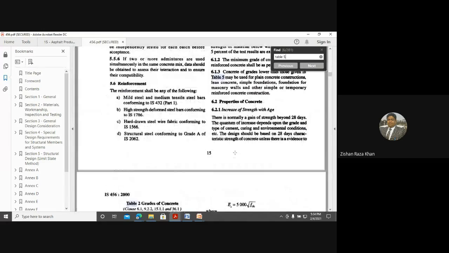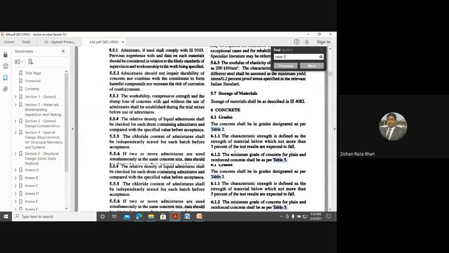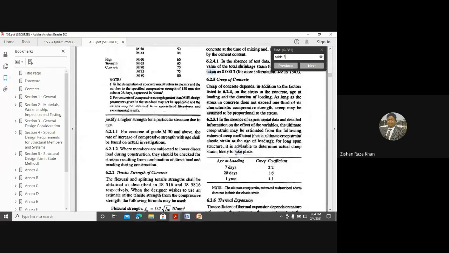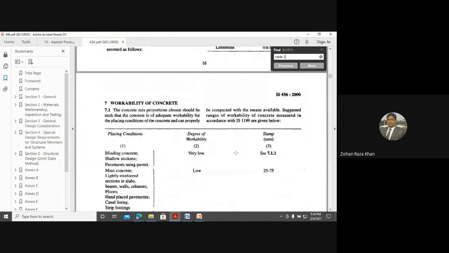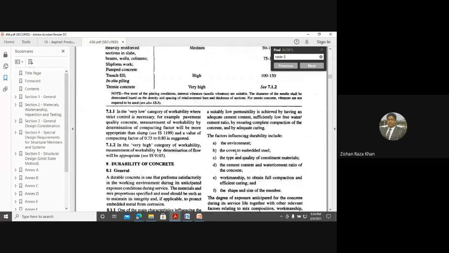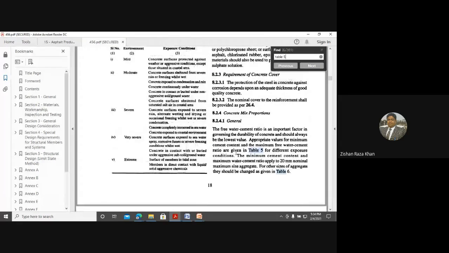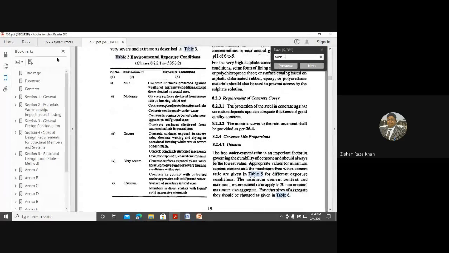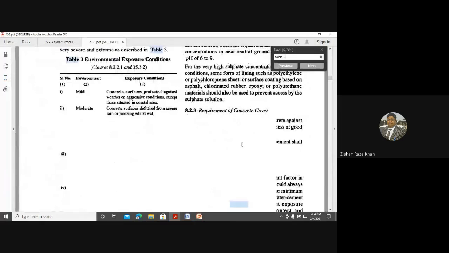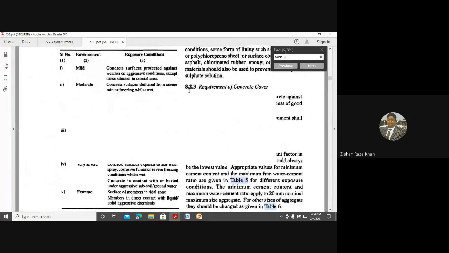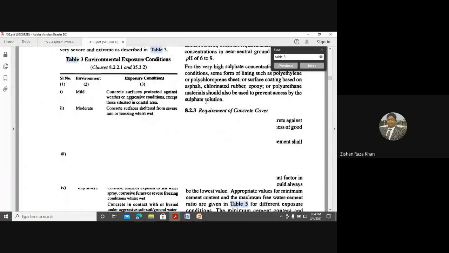Let me show you table number 5, just 1 minute. This is the table. Are you able to see this table number 3?